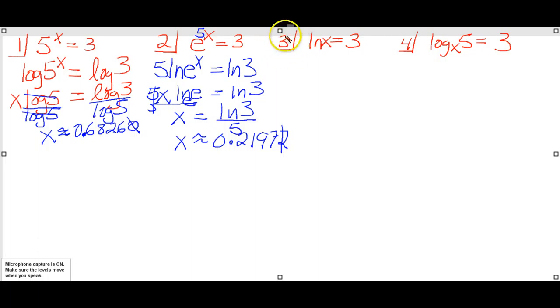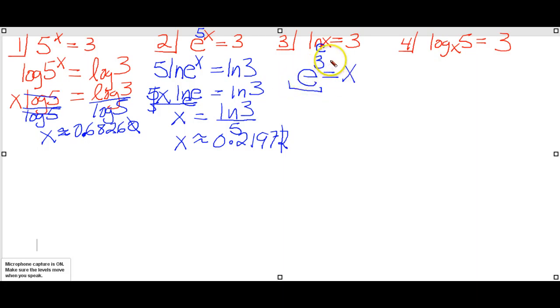All right, looking at example 3, we're going to put this from its logarithmic form into its exponential form. So what is our base of the natural log? It's e. This is our exponent, which is 3. And the answer, we said, is always what's there, x. So this would be the exact answer.